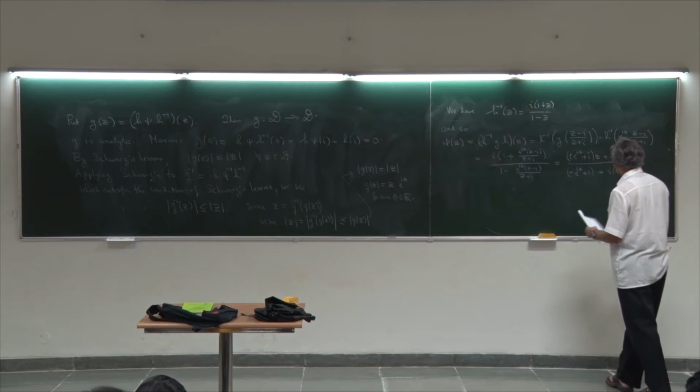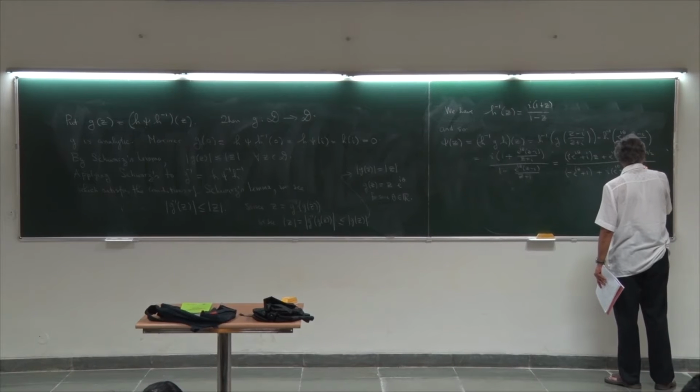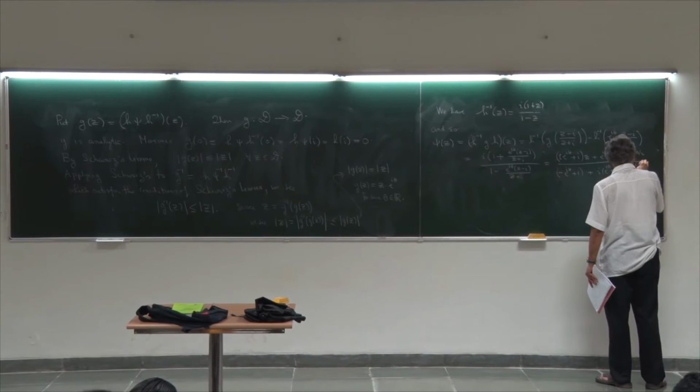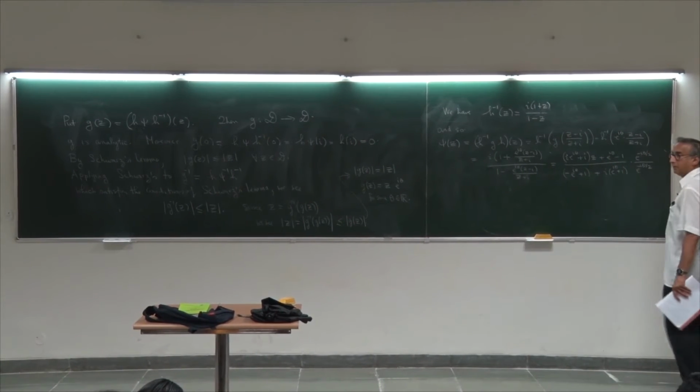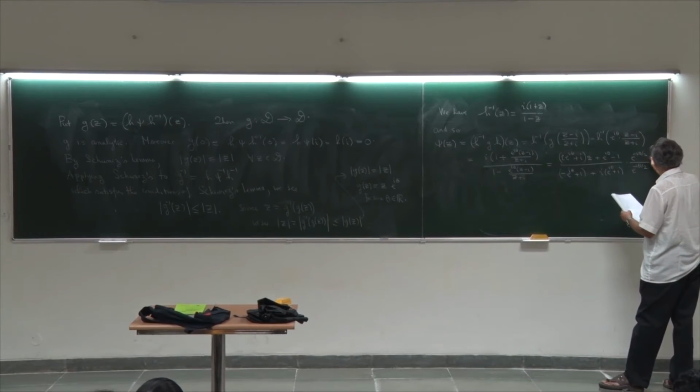And multiplying top and bottom by e to the minus i theta over 2, we don't change anything. So divide this by 2i.